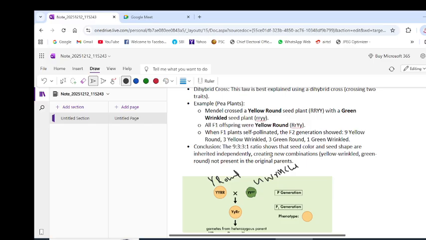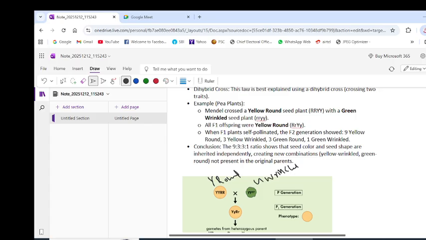So the representation will be like this: yellow round and green wrinkled. Like this.